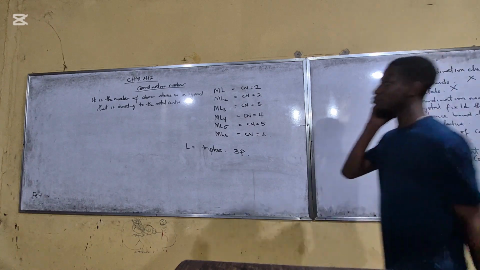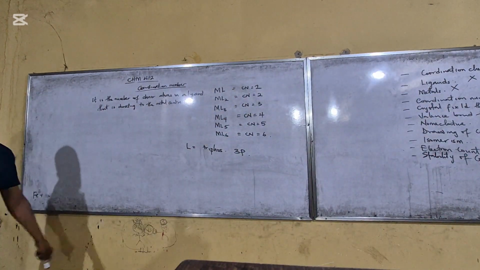So it's the number of donor atoms in the ligand that is donating to the metal center.